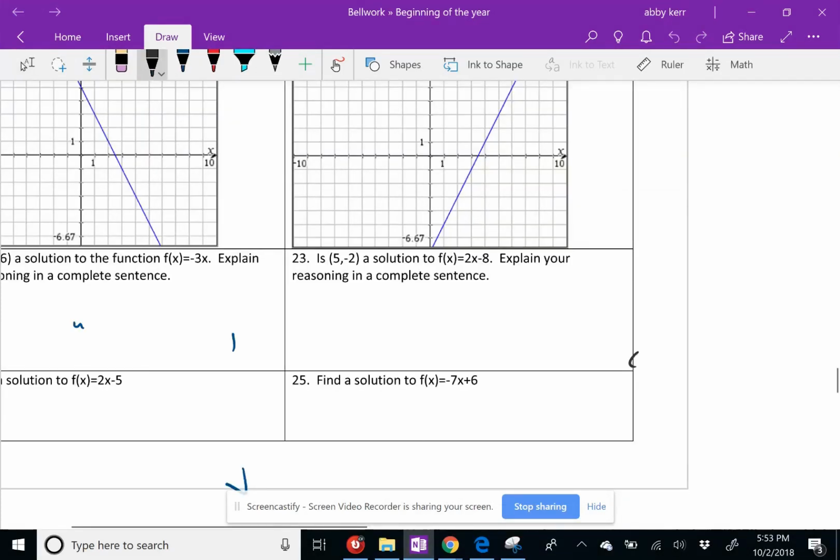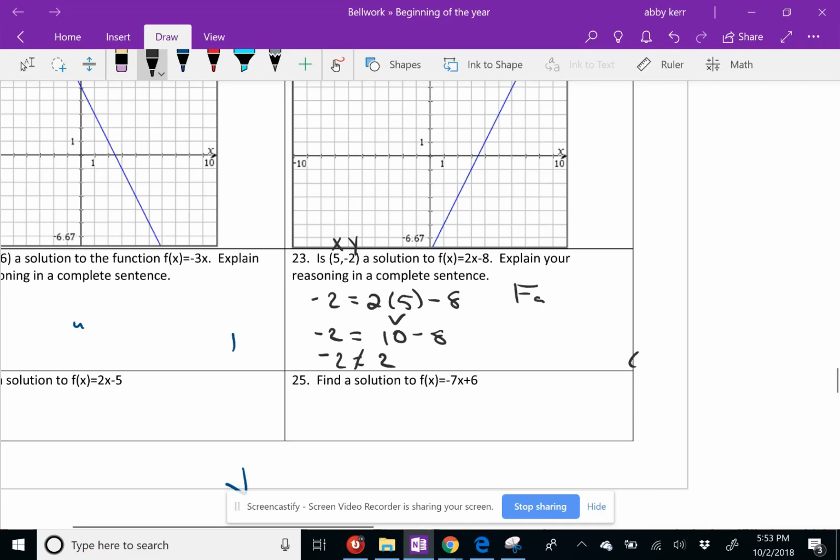Okay, and another mistake that I made, you have to be careful. This is x, y. So the negative 2 goes into the y, and then the 5 goes into the x value. So then 2 times 5 is 10, take away 8. Remember, we're still trying to figure out if it's a true or false statement. So 10 minus 8 is 2. Negative 2 does not equal 2.